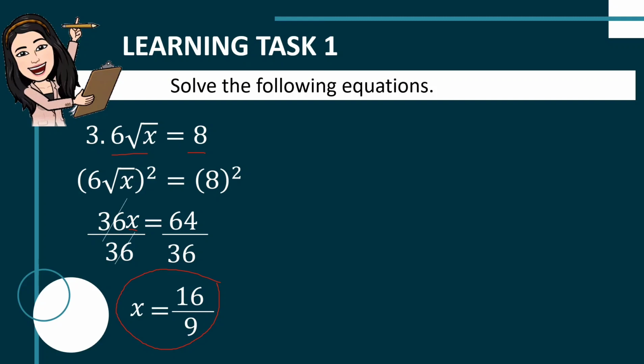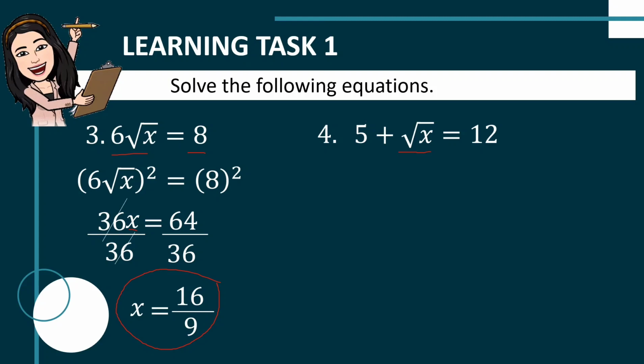Next, number 4. Our given is 5 plus the square root of x is equal to 12. So here, sabi nga natin sa step number 1, we need to isolate the radical expression. Kailangan nasa iisang side lamang si radical expression natin.